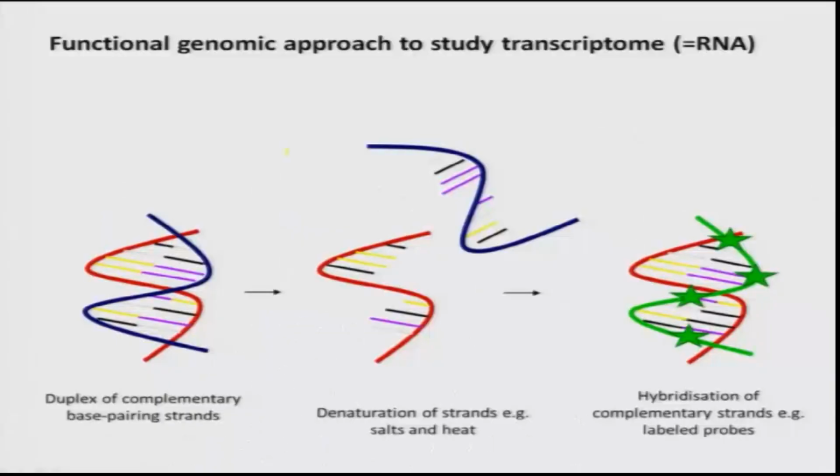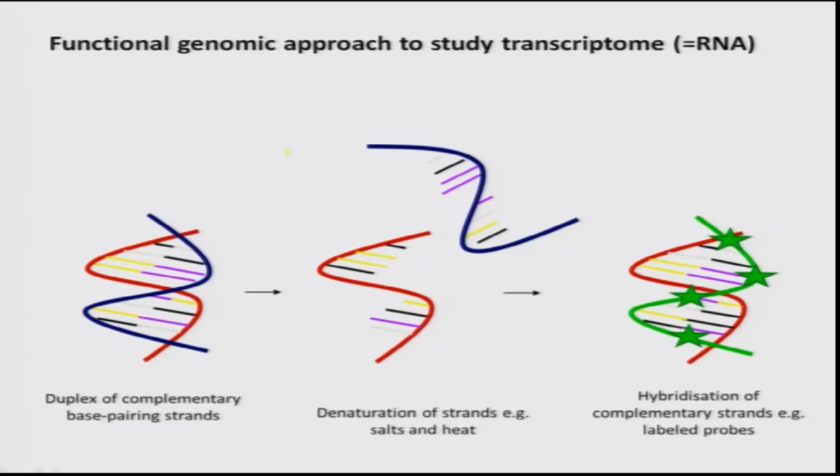And of course, if you have a double helix, the helix is held together via the hydrogen bonds found between the bases. So, when you destabilize them, for example, you can denature by exposing to heat or salt concentration, then you are able to break the hydrogen bonds and then you can again allow them to form the duplex.